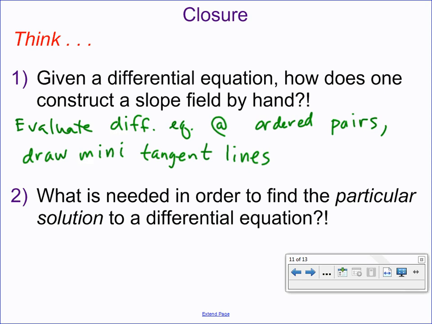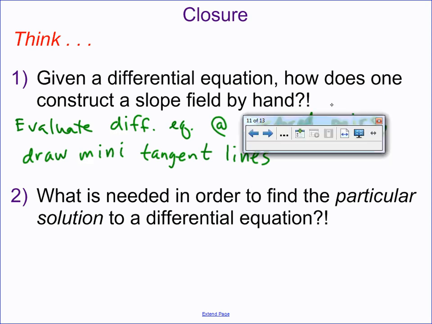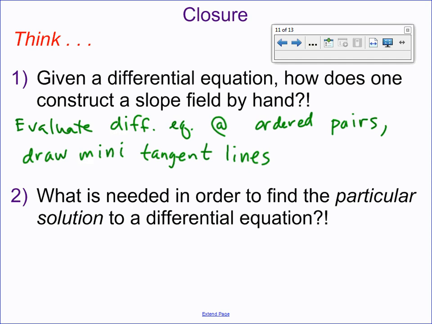Second, what's needed in order to find the particular solution to a differential equation? So what do you need in order to find a particular solution? Kobe? You need a point on that, or a point to input into the equation. Absolutely. You need a point that satisfies that solution curve. You need an initial condition, x comma y. You need an initial condition, a point.